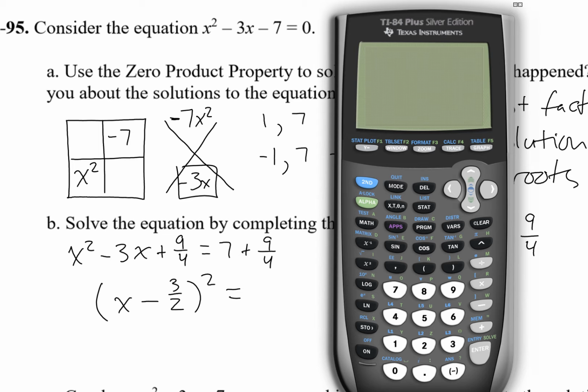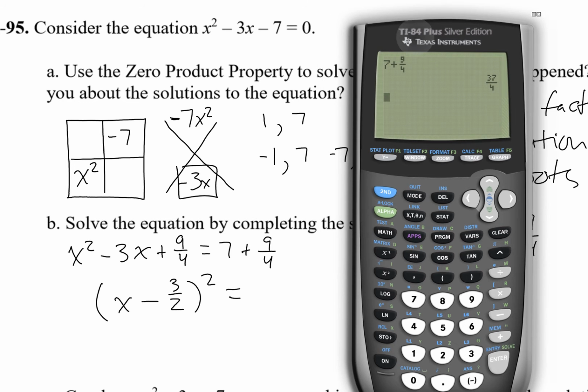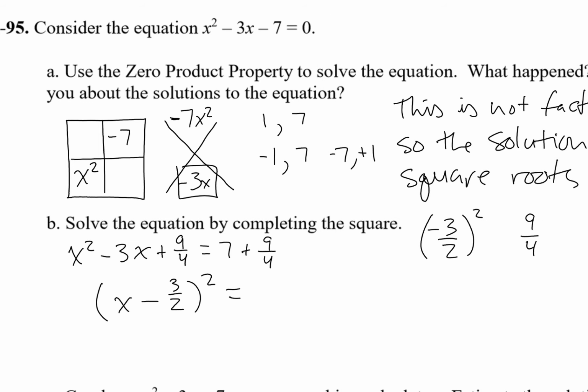So if I'm looking at this and I want to add these, I could just grab my calculator and add 7 plus, and then I would grab my fraction template, and I'm just going to add plus 9/4. And when I do that, I get 37/4, which just looks phenomenal, right? That's just great. So this together is 37 over the number 4.